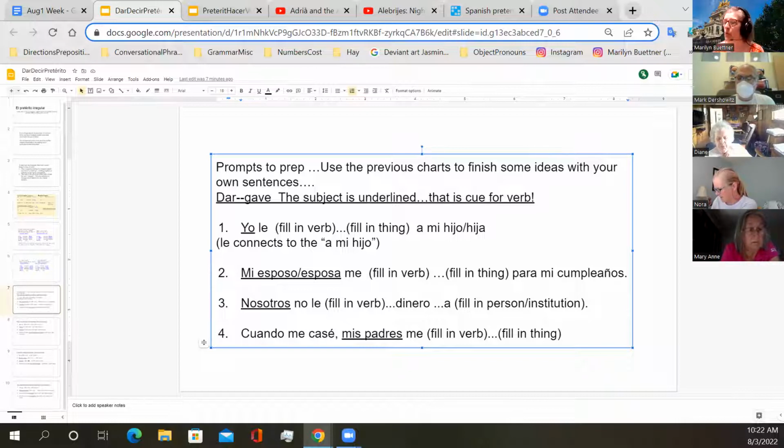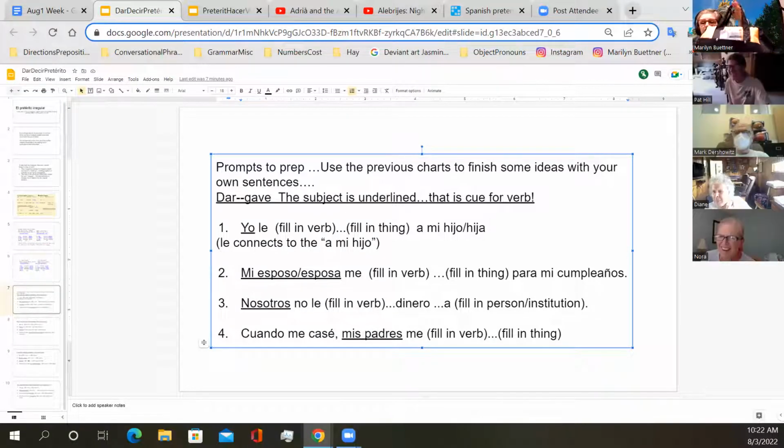Mi esposo, oh, es un regalo muy, muy raro. It's a really weird gift. Mi esposo me dio, the few of you who know my husband, you would understand this.